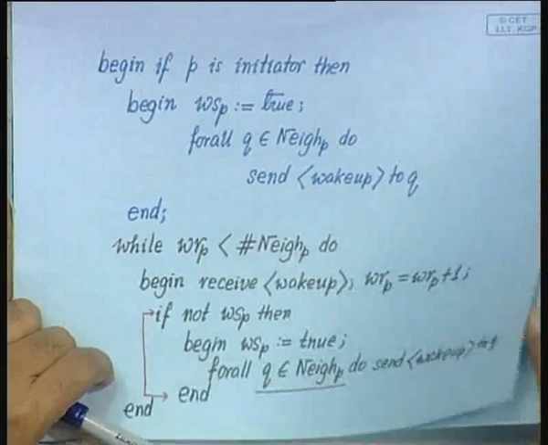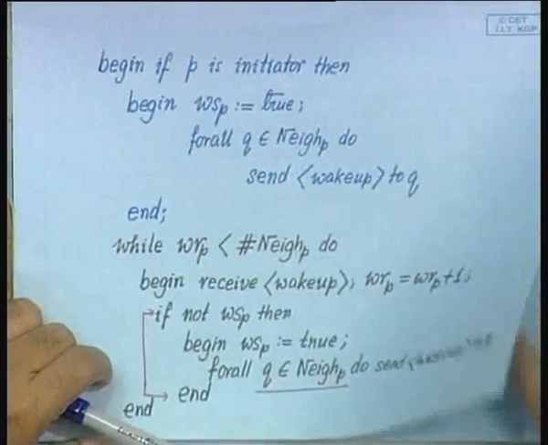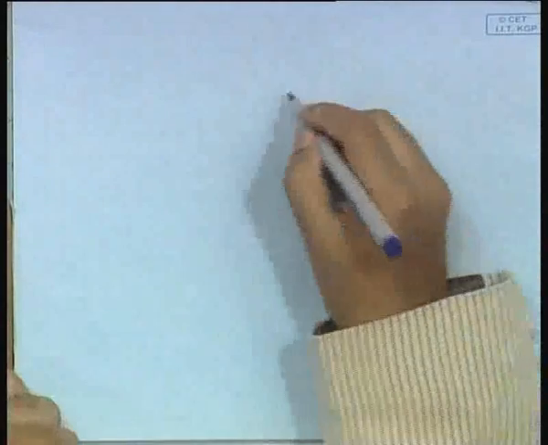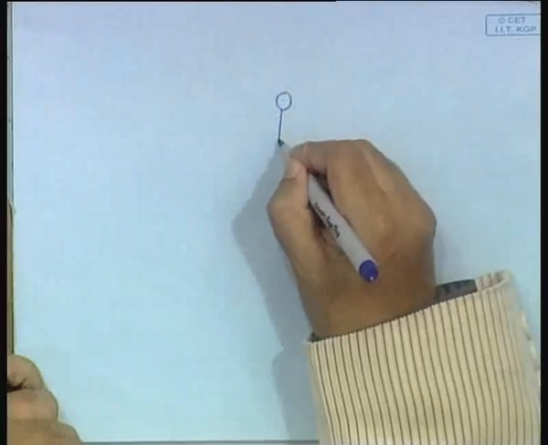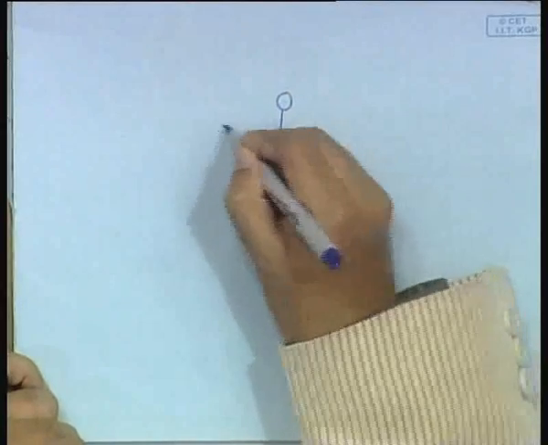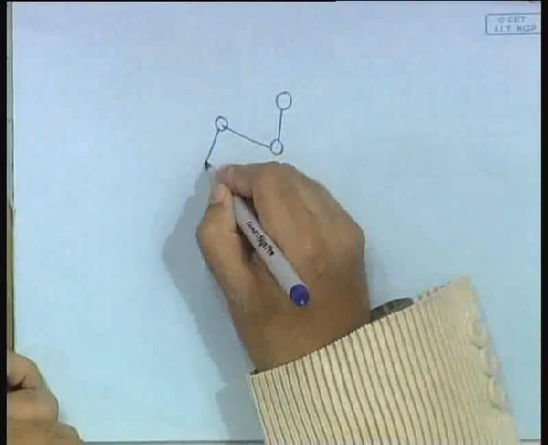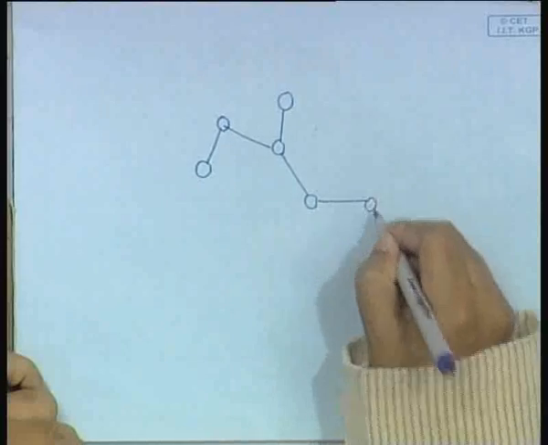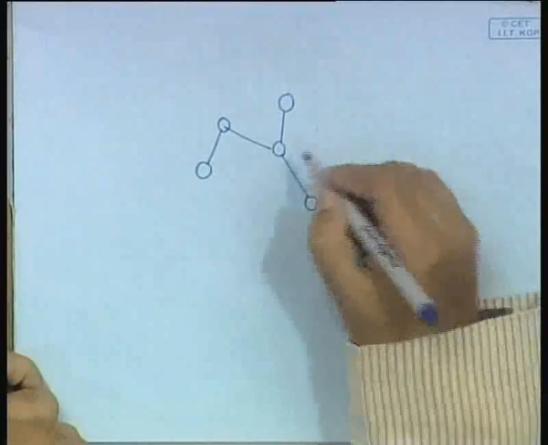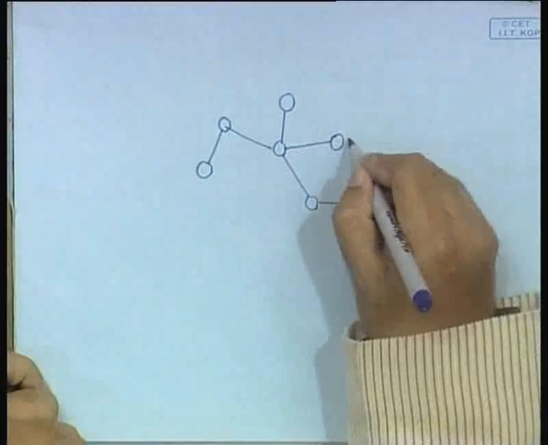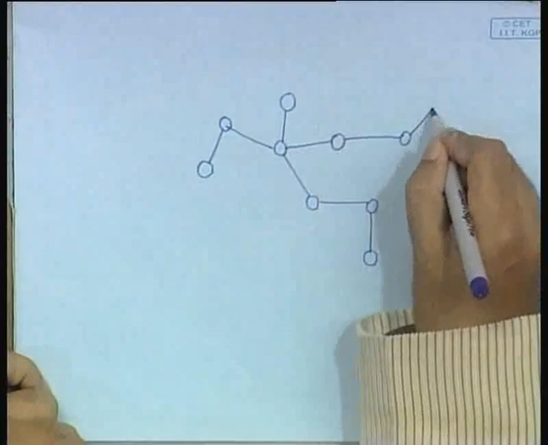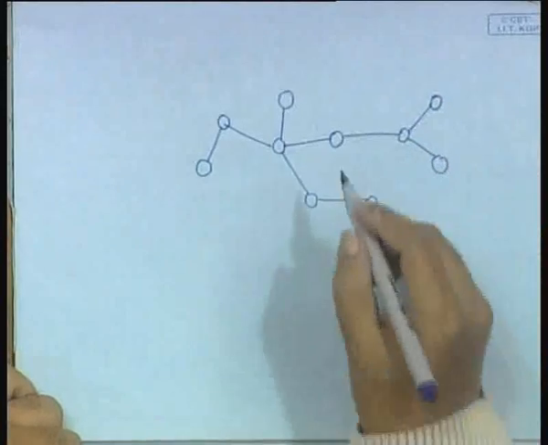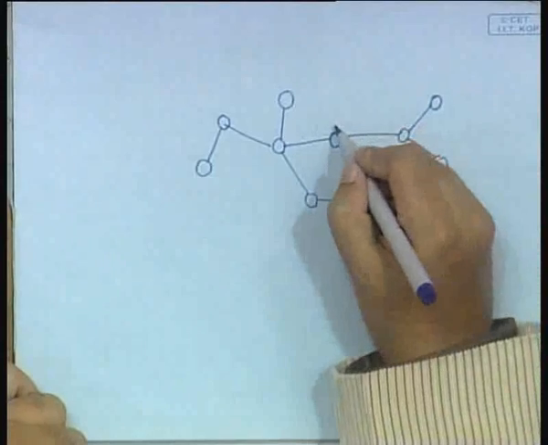Let me take an example and show you that. Suppose this is the tree, and let us say that the algorithm is initiated here.